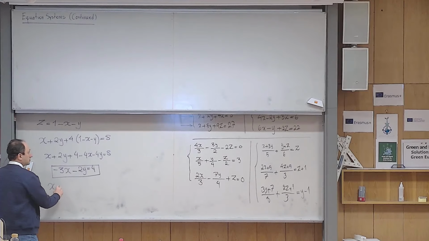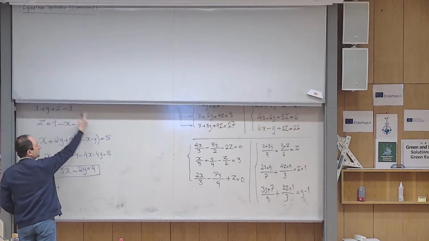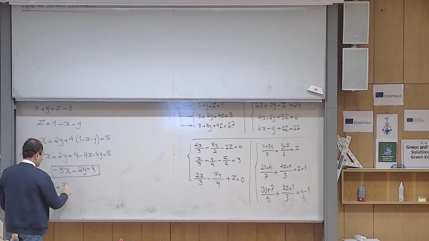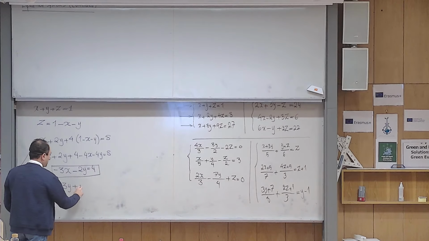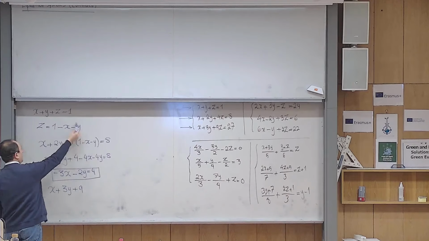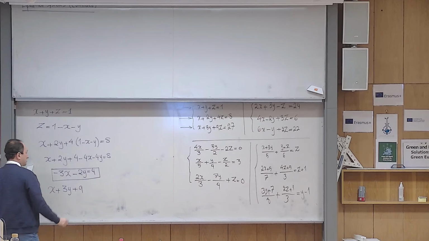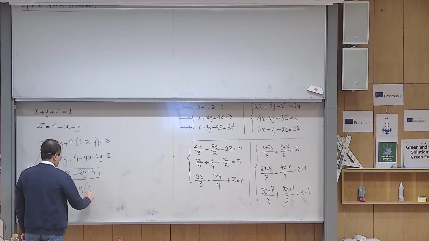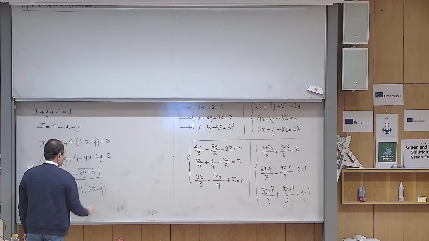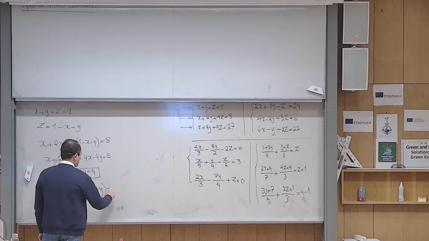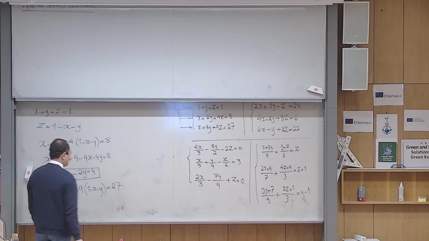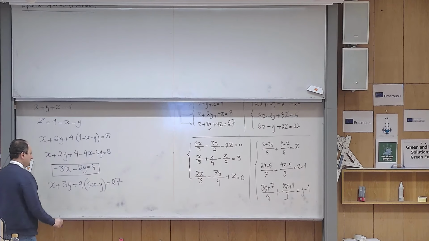X plus 3y plus 9z. But z again should be substituted by this. So it becomes 1 minus x minus y equals what? 27. And again, simplify it.